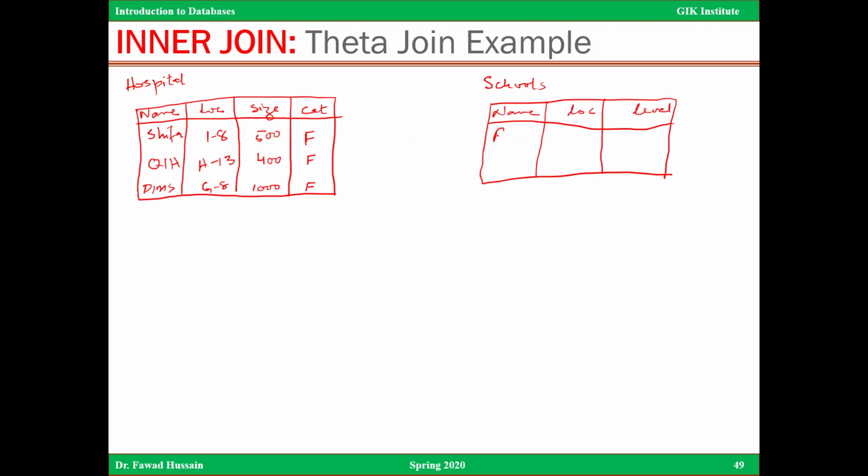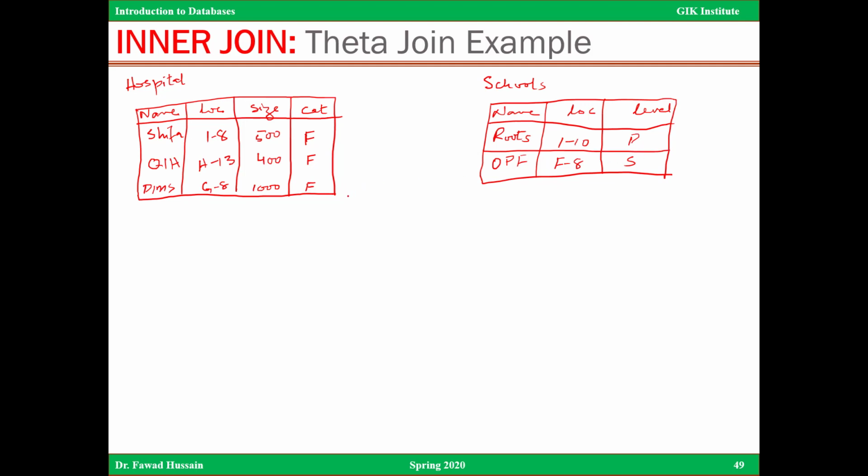So let's take an example here. Let's have maybe Roots International. This is location. I'm just going to assume all this data. So at the primary level, and then I have this OPF. This is located in F8, and this has a secondary level.